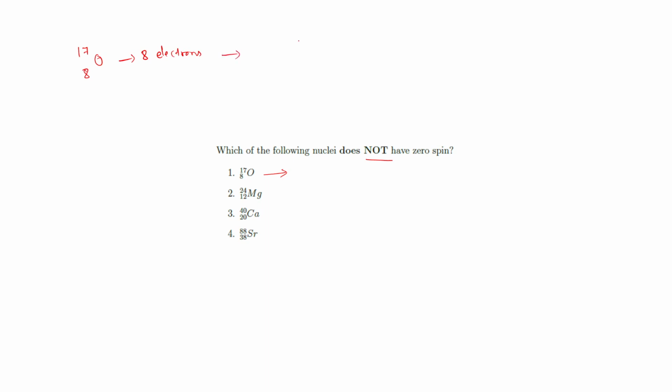So for oxygen it will be 1s2, 2s2, 2p4. The p subshell can have a total of 6 electrons, but it has 4.